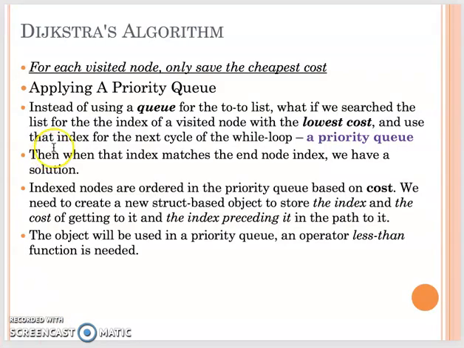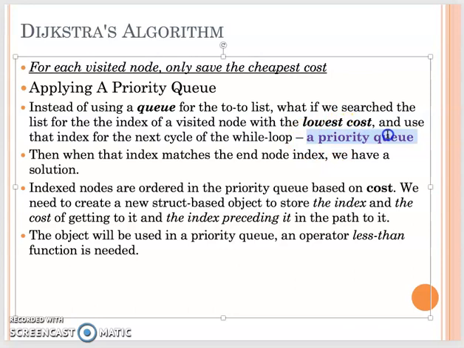So that's what we apply the priority queue for. Instead of using the queue for the to-do list, we use the visit node index and the cost in a priority queue so the lowest cost is always on the top. If we can do that, the first time we find the end node, we finish.